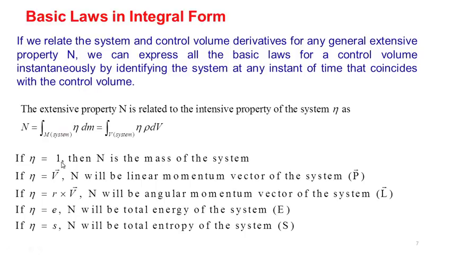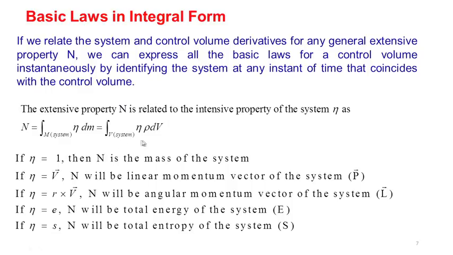Similarly, if you define the intensive property eta as V, then if you substitute V here, V into rho into dV, you know mass into velocity will give you the linear momentum, and similarly on the left hand side the extensive property N will give you the linear momentum.